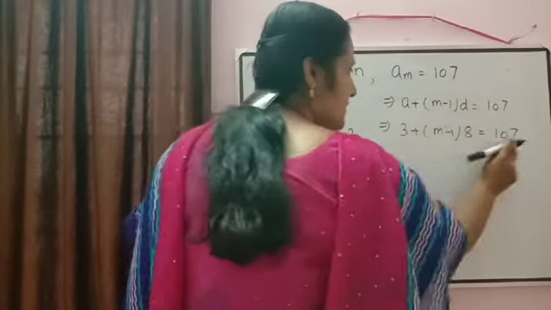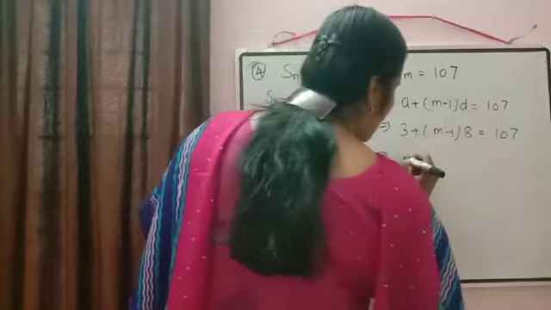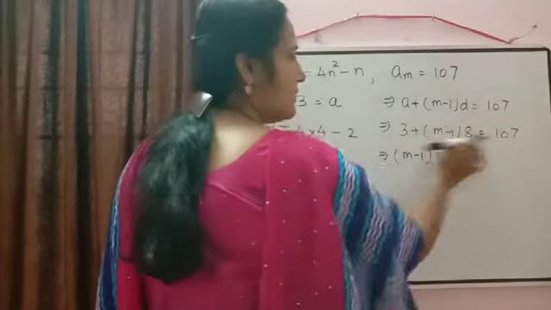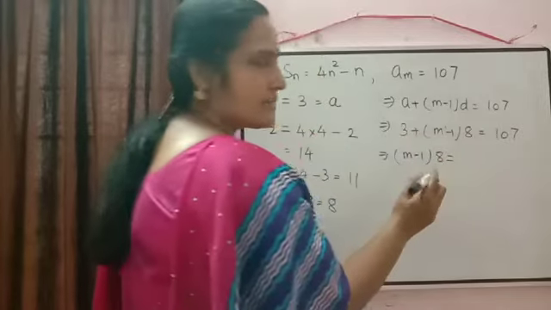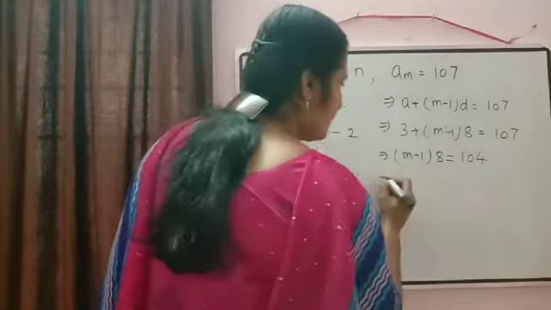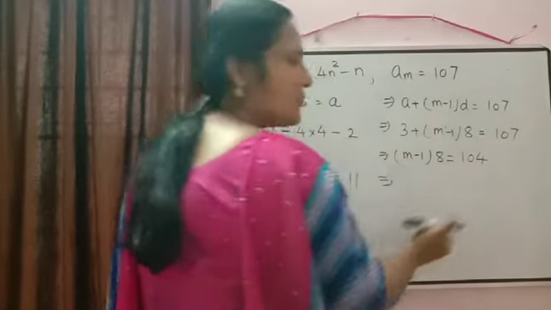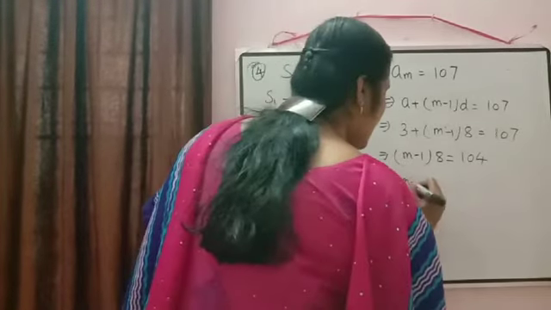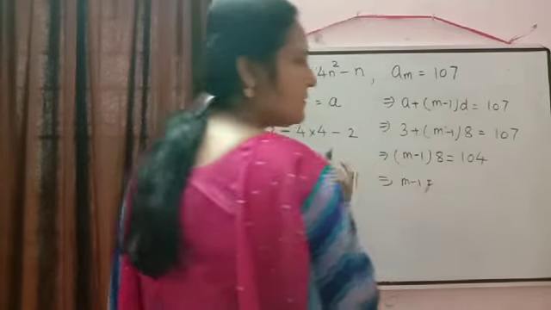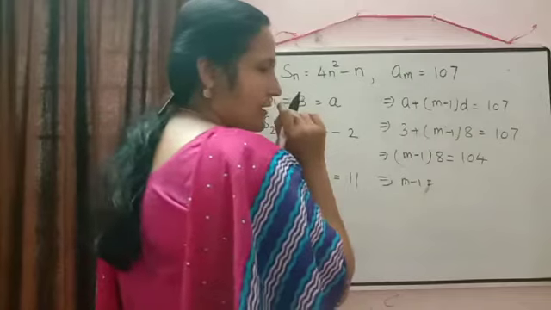Now can we shift 3 to the right hand side? Then it will be (M minus 1) into 8 is equal to 107 minus 3, and 107 minus 3 will be equal to 104. Now we can shift 8 to the right hand side. Then we will get M minus 1 is equal to 104 divided by 8.